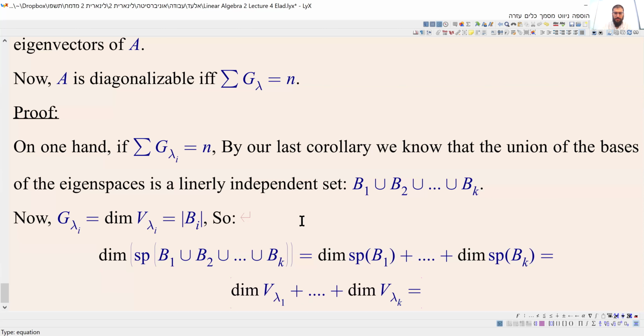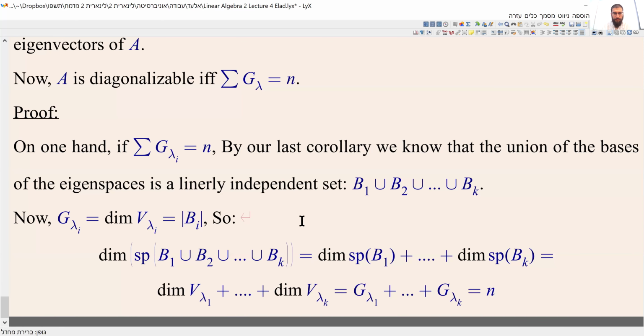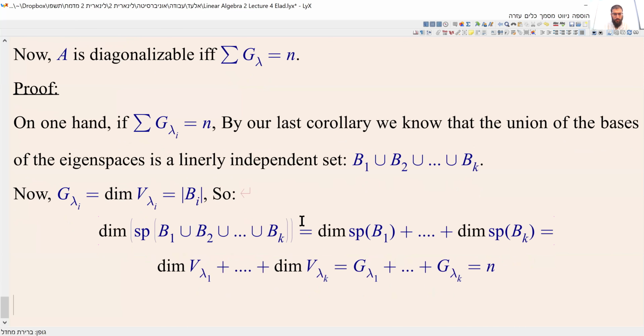And this is the sum of the G, which in this direction of the proof, we know is n. So what do we have here?